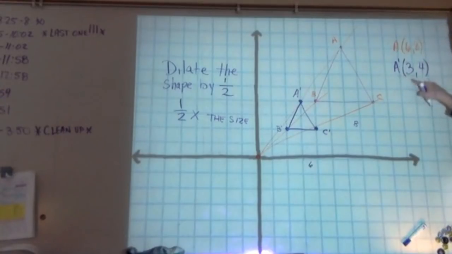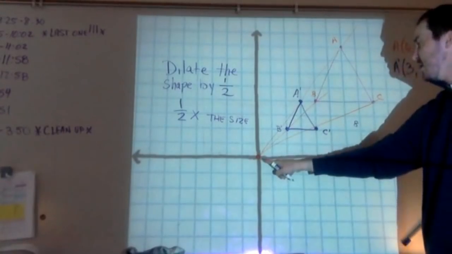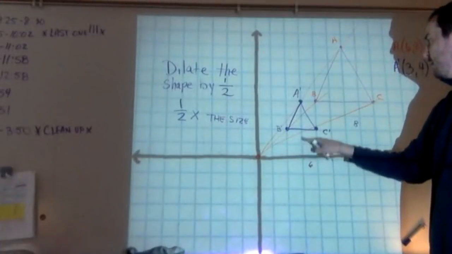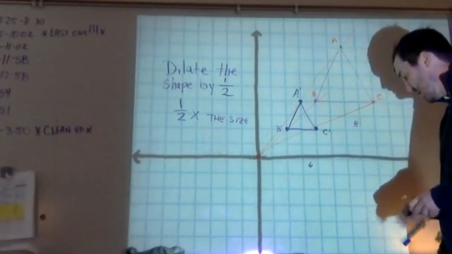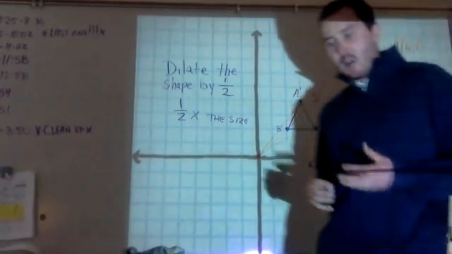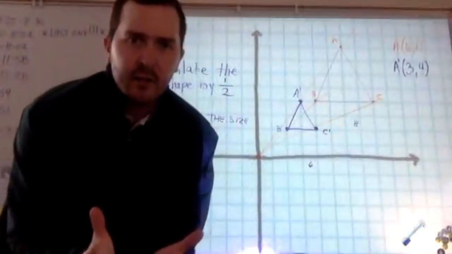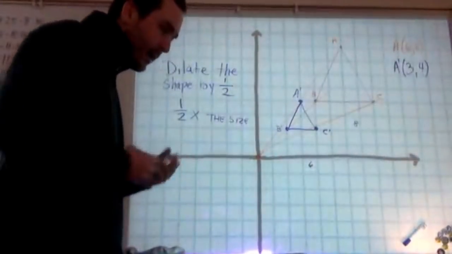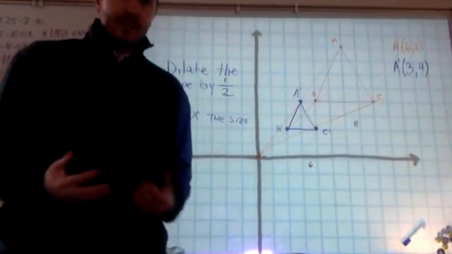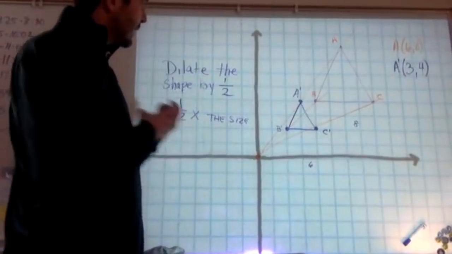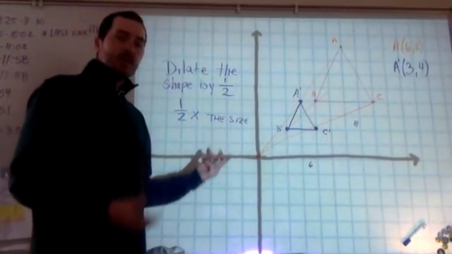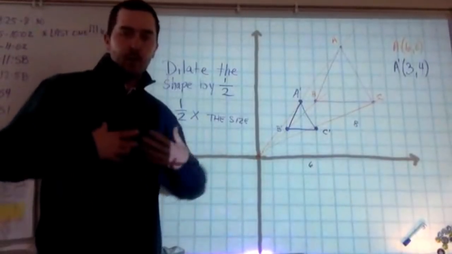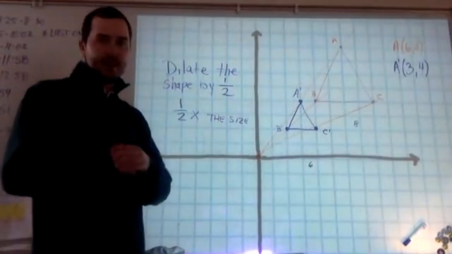So A prime should be at 3, 4. Let's see. 1, 2, 3. 1, 2, 3, 4. Ooh, look at that. So you can just take your coordinates from your original object, and you can just divide those by 2 or divide them by 8 or whatever that's telling you to do and get the new coordinates for each. Or if you're trying to make it bigger, just either multiply them by 2 or 3 or whatever it's telling you to dilate that shape by.